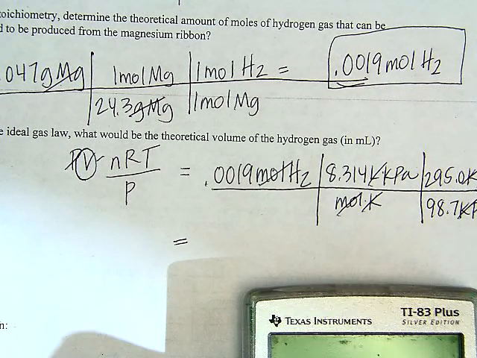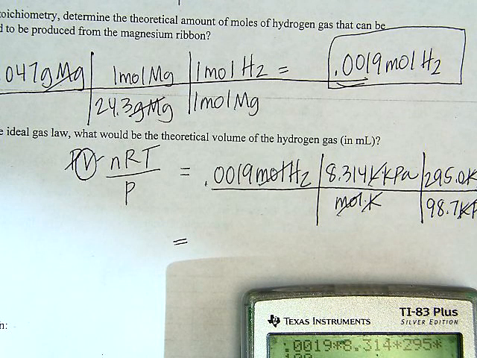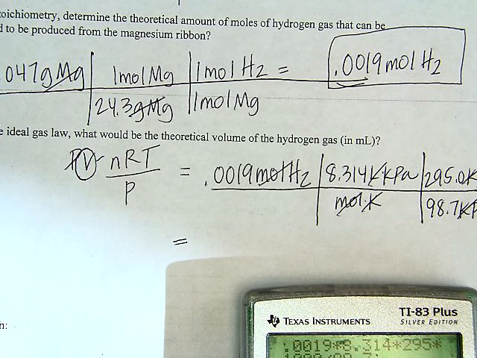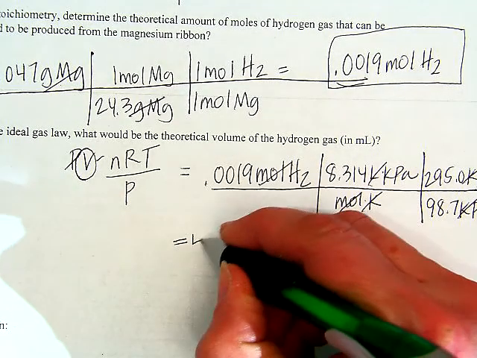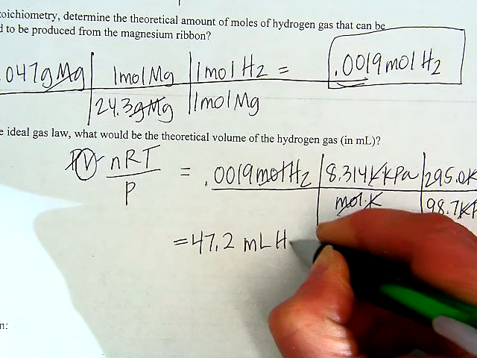Sorry, I have to type that in real quick. Everything on top is multiplied, everything divided by everything on bottom. And that is 47.2. So my theoretical value is 47.2 milliliters of hydrogen.